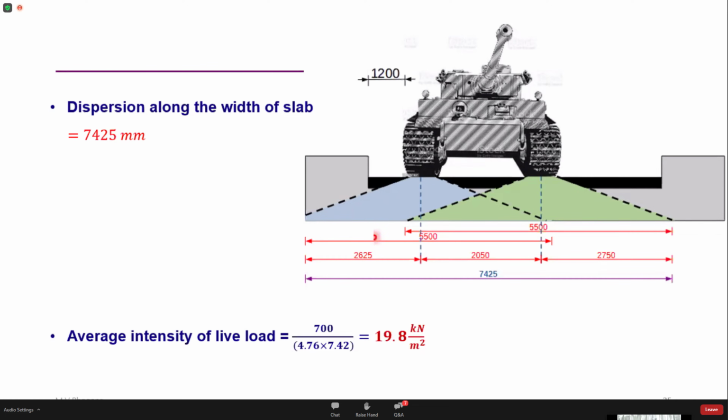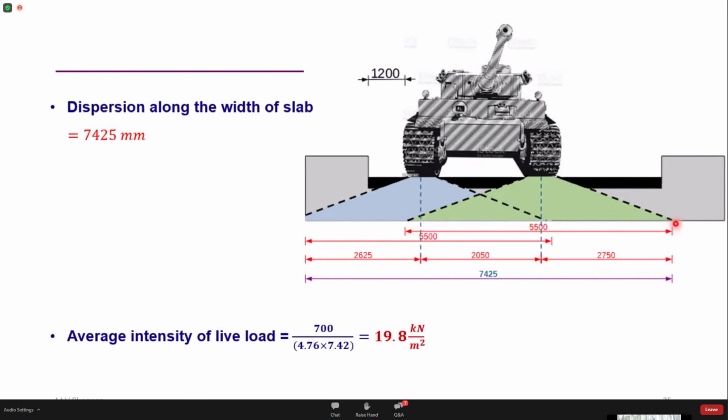But since the dispersion is going beyond the width of the slab, the length will be considered up to the edge of the slab. Here we can see the effective width of the slab across the width is from this point to this point.